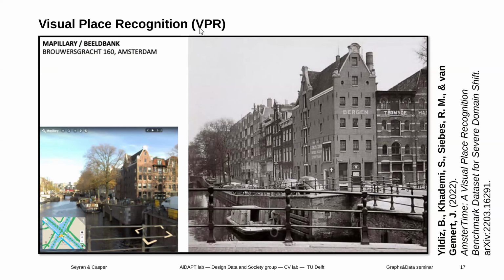So that brings me to this slide, which is an old work that I did during my postdoc. The result was the Amsterdam visual place recognition benchmark data set. To teach computers to do this task, we basically give them pairs of images of locations that look the same, and then they can learn the similarity between the images, right?